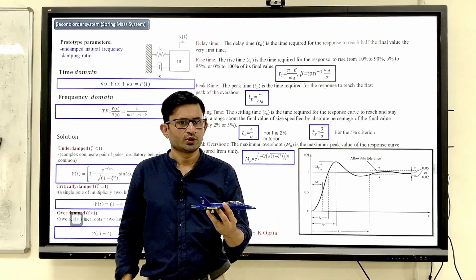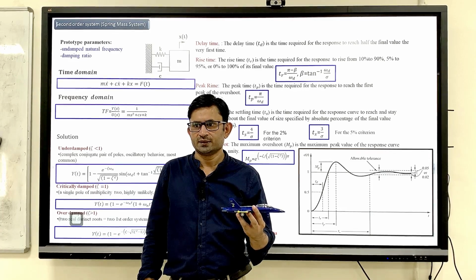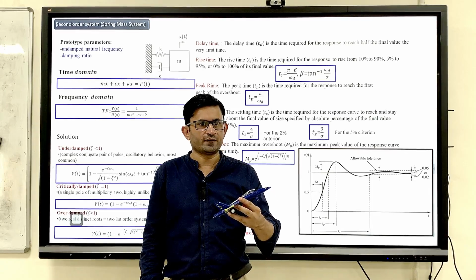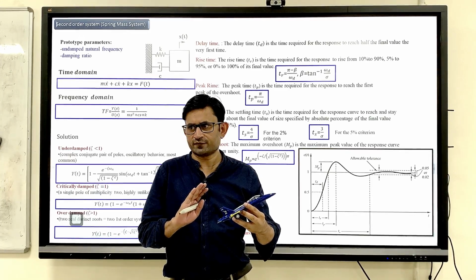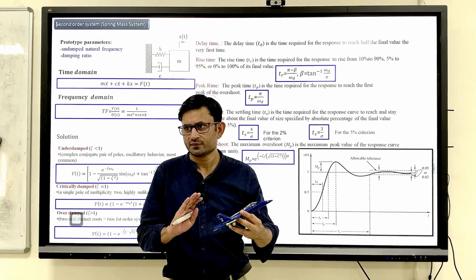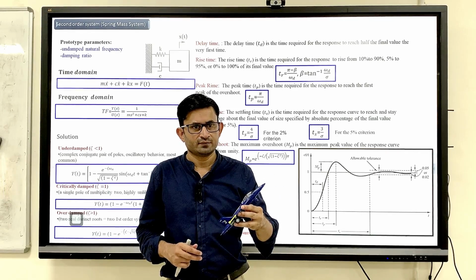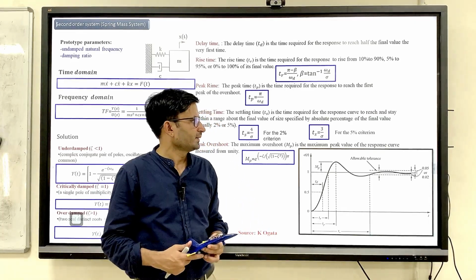For example, you have commanded pitch 5 degree, but it reaches 2.5 degree in sub-second, right? So that will be your delay time. And if it reaches 5 degree exactly, if you note down the amount of time, that will be the rise time.